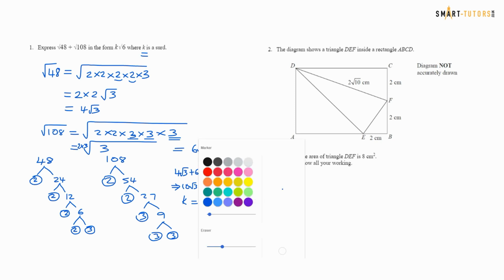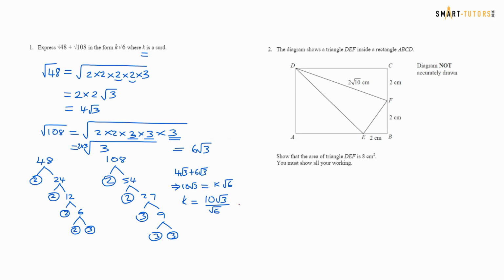So the bottom number, the denominator, cannot have the square root. So we are going to multiply the same number top and bottom, numerator and denominator, by root 6. So root 6 times root 6 becomes 6.